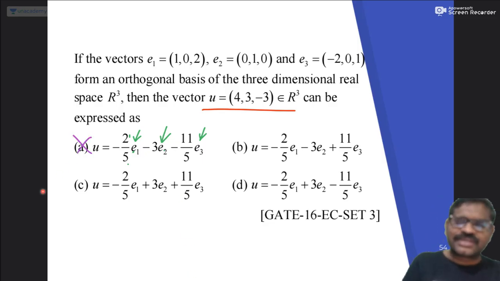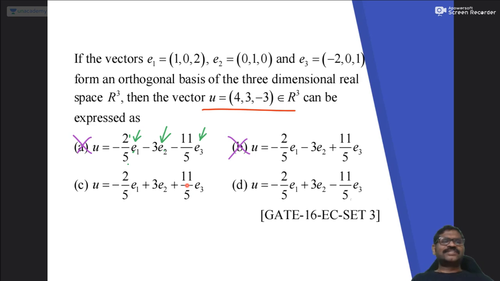Not first option, not second option. So either third option or fourth option. Either third or fourth. Understood? So answer is either third option or fourth option. We can understand that point. Understood?